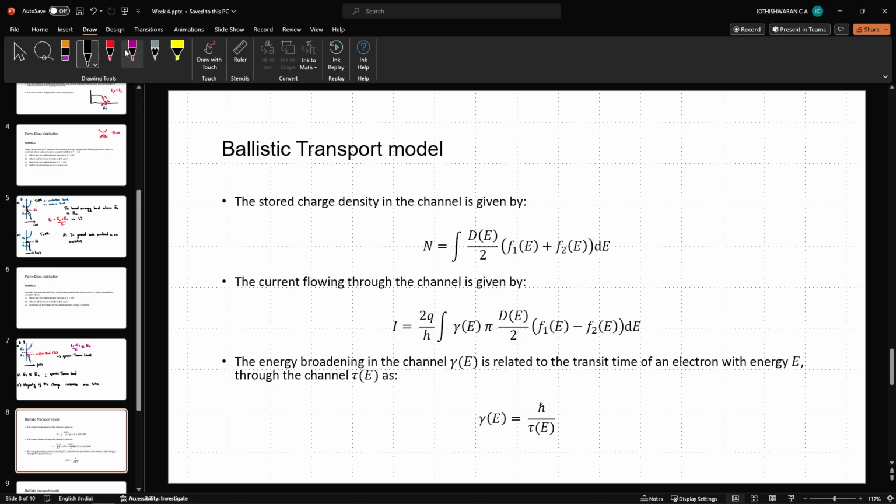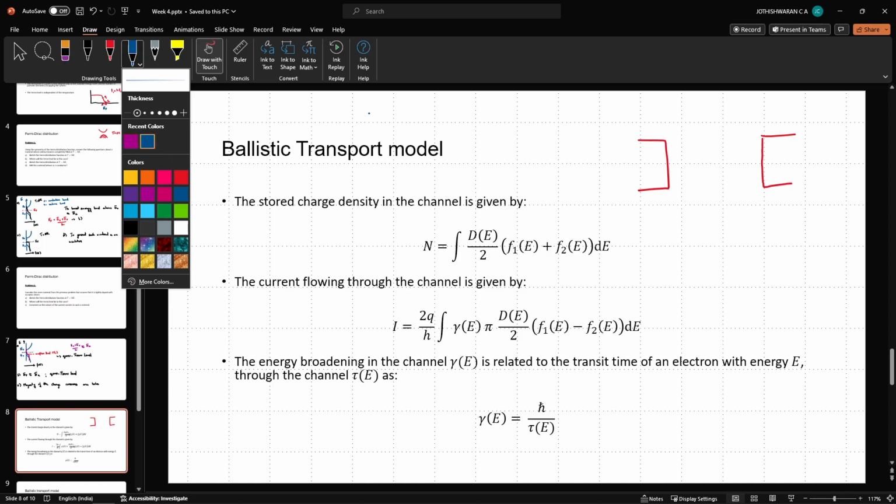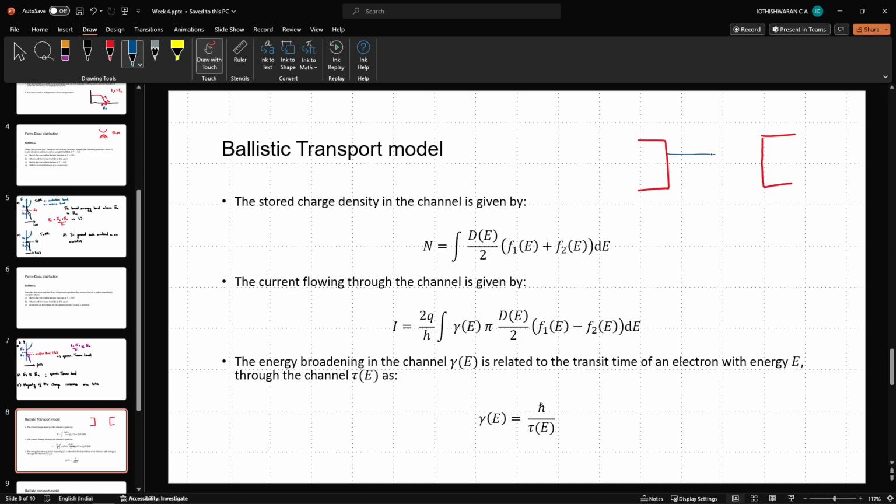So essentially, what do we mean when we say ballistic transport model? We have a source and a drain, and we have a channel in between. So this is my source.